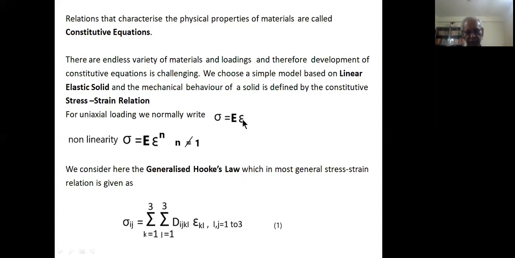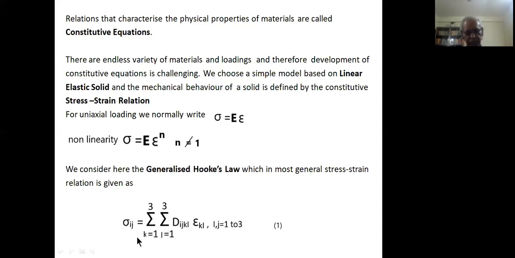And instead of epsilon, or strain, we write the strain matrix, because stress and strain at a point are given by the stress and strain matrices, as we have discussed before.